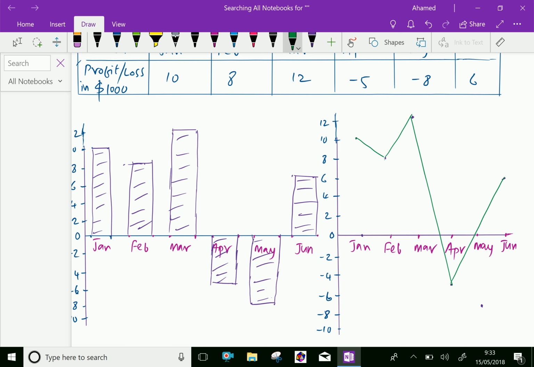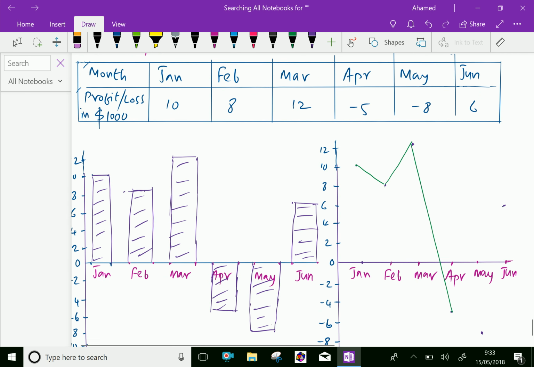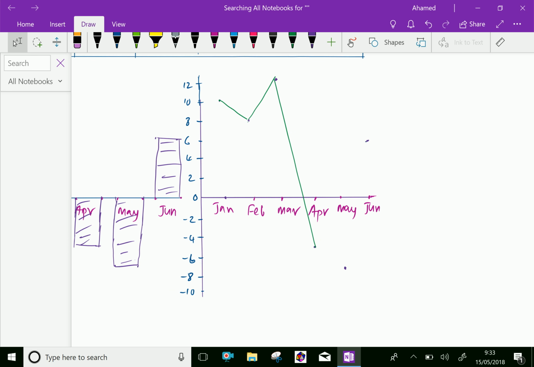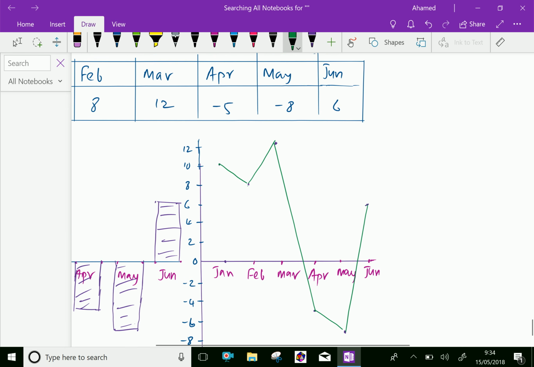Now joining like this, from this we have to join these points. This line graph represents that information.